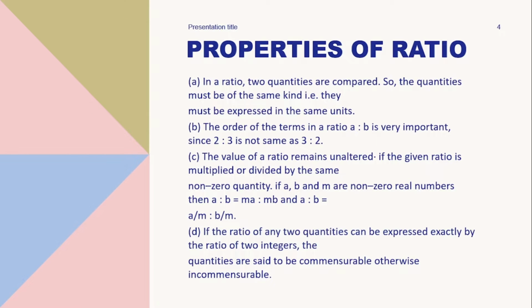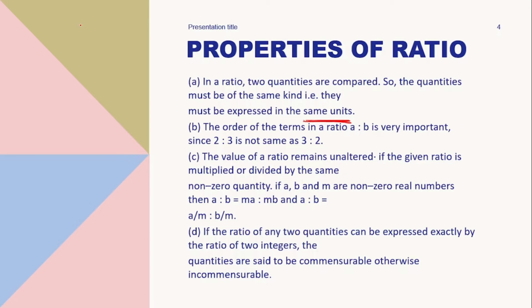Let's go to the properties of ratio. The first point says that in a ratio two quantities are compared, so the quantities must be of the same kind, that is, they must be expressed in the same units. Mind it, it is very important.